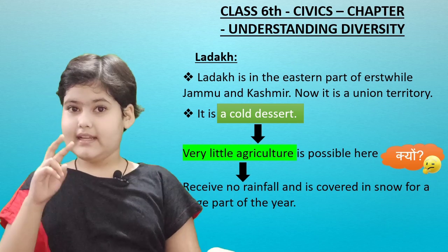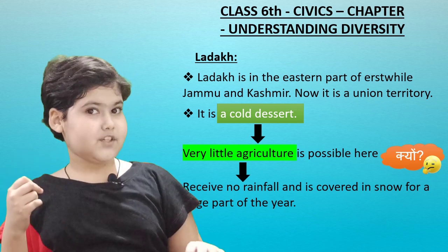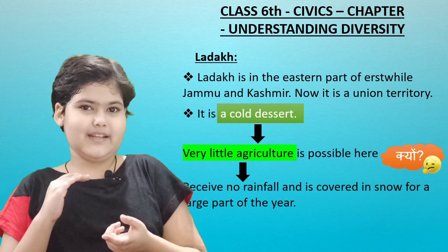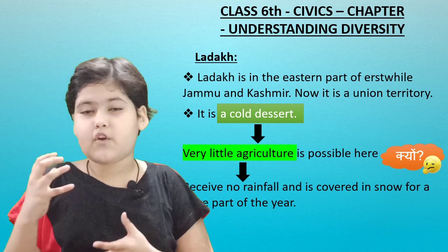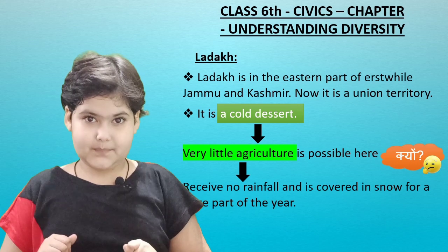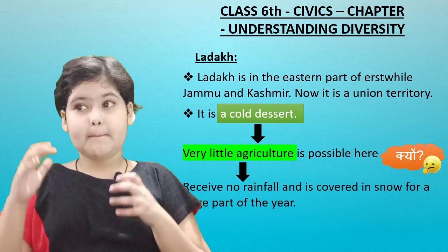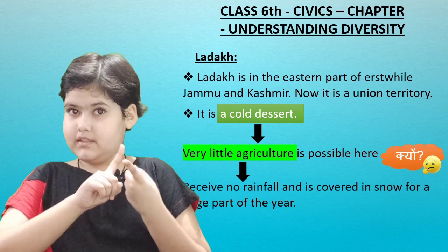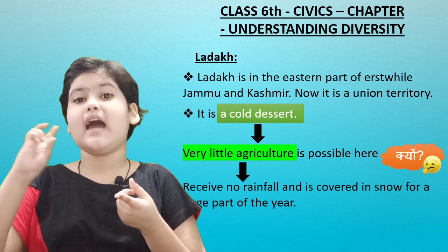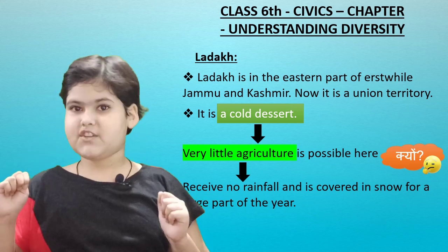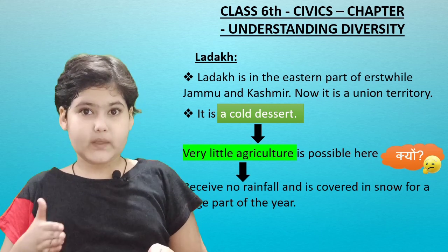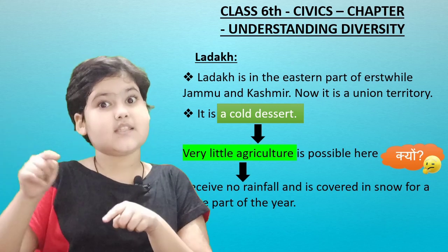Then there is barren land, meaning unfertile land, which is not good for the cultivation of crops, where agriculture cannot be done. So less rainfall, barren land, and after that very little agriculture is possible in that place. These are the conditions by which we can say that a place is a desert.